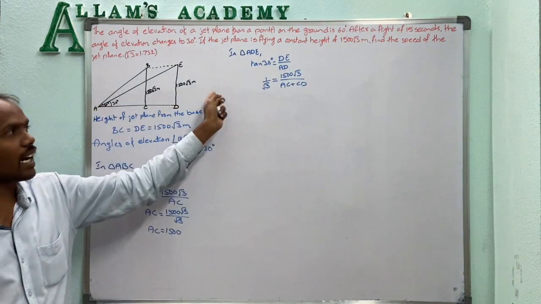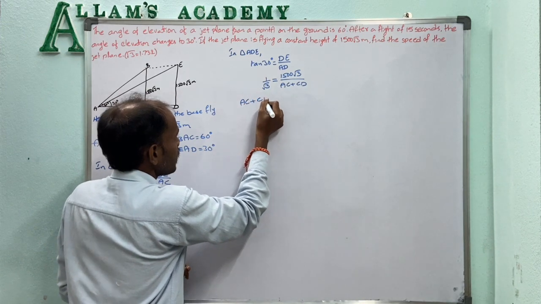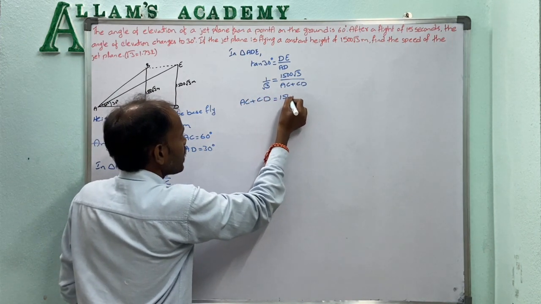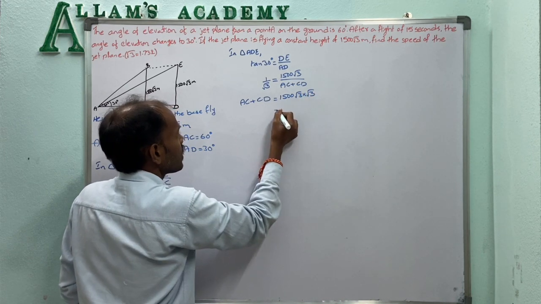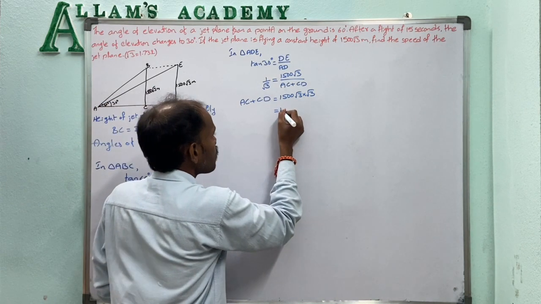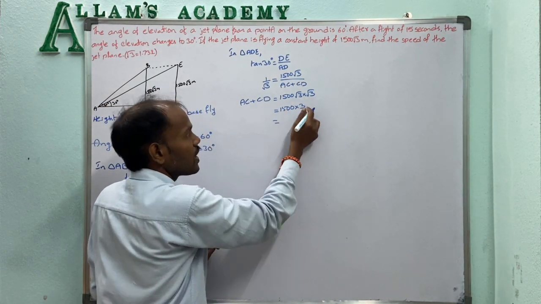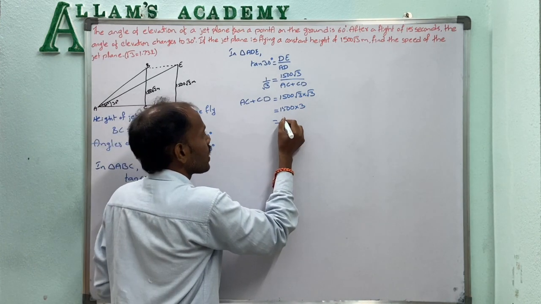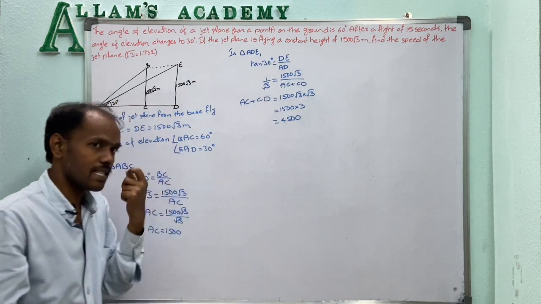Now by cross multiplication, AC plus CD equals 1500 root 3 into root 3. Root 3 into root 3 equals 3. So 1500 into 3 equals 4500. Here AC plus CD equals 4500.